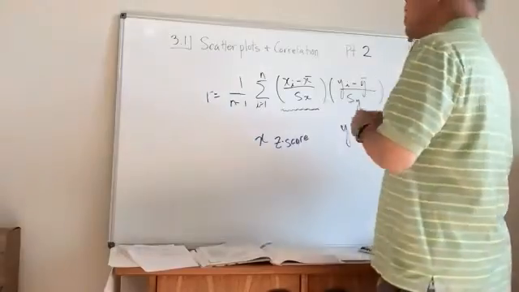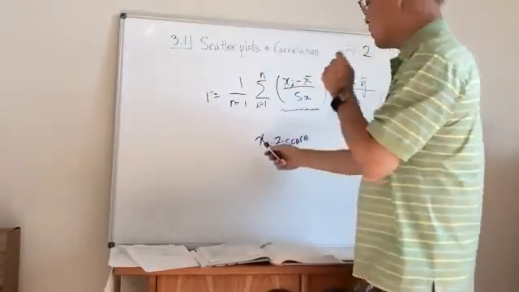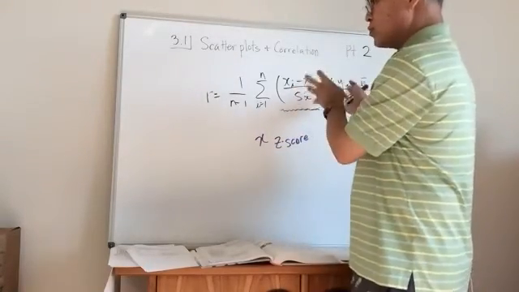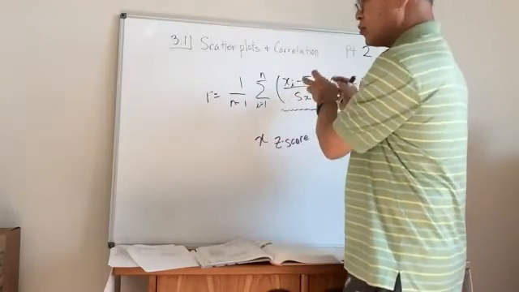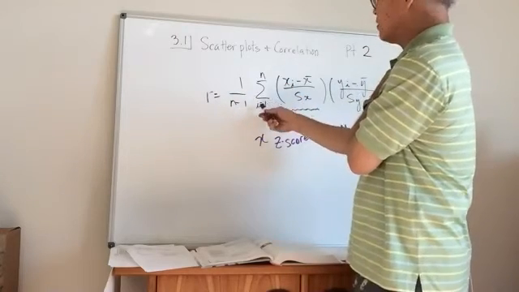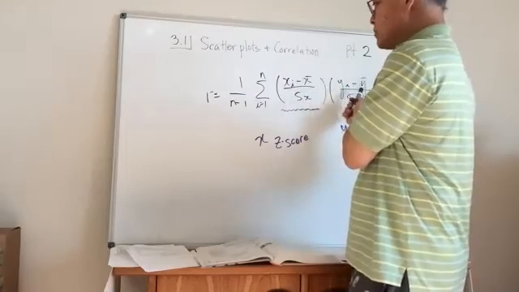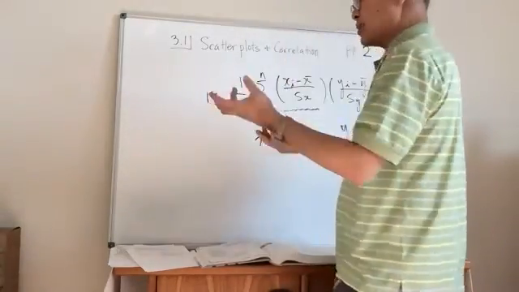So basically, for every point, you calculate the Z-score in the x direction and the y direction, and you multiply those two Z-scores together. Then you add all of those up, taking the sum of those products, and divide by n minus 1. So you're averaging that to a certain point.